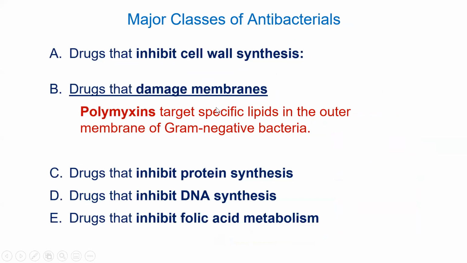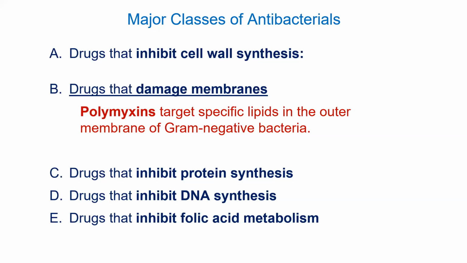All right, so moving on, like I said, it's kind of a big list here, but you're going to see that common theme of selective toxicity, in that we're targeting things that are unique to the bacteria. So another group of drugs are the polymyxins, and these target gram-negative bacteria.